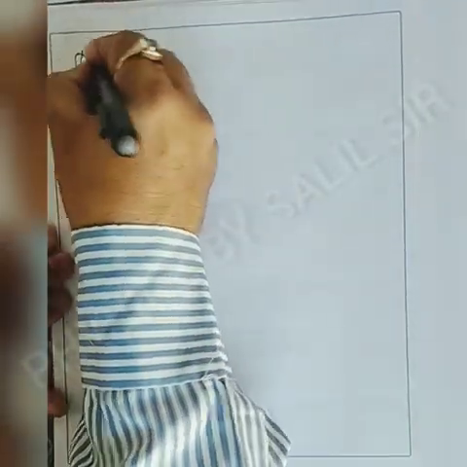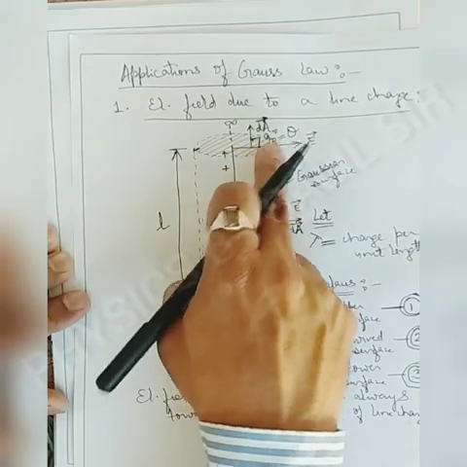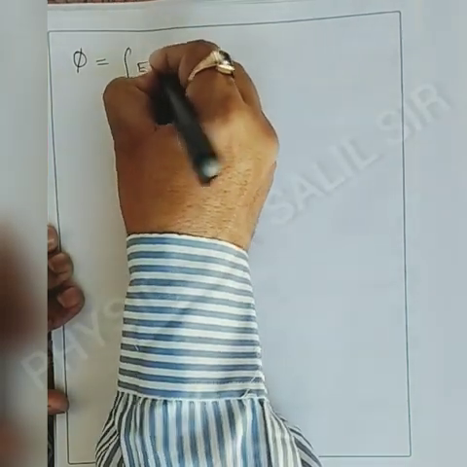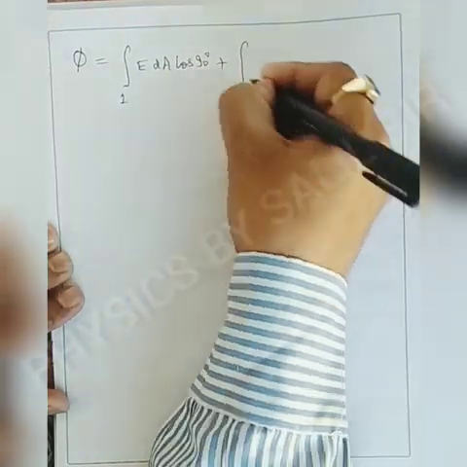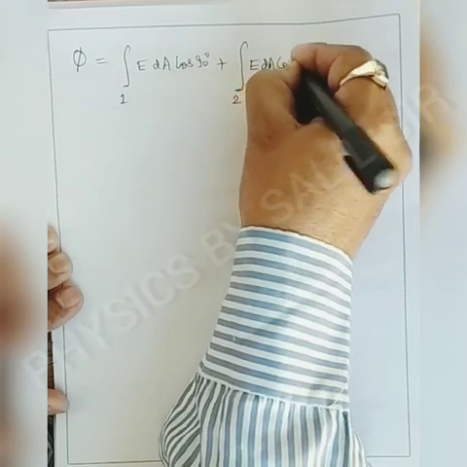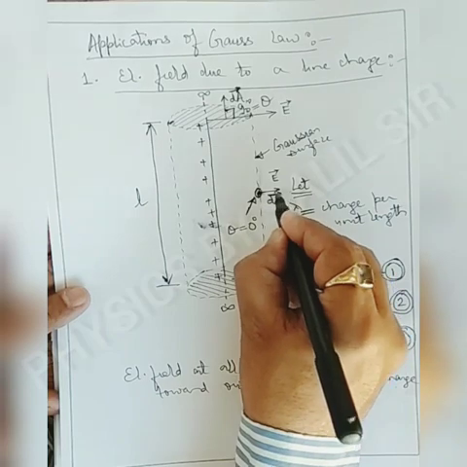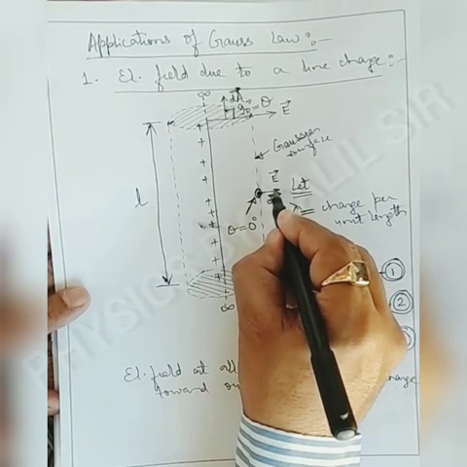Now we know that for the first face, the upper surface, theta is 90 degrees. So in place of theta we will put E dA cos 90 degrees, plus the integral for surface number 2, E dA cos 0 degrees, because there is a 0 degree angle between vector E and vector dA, as they are parallel and in the same direction.